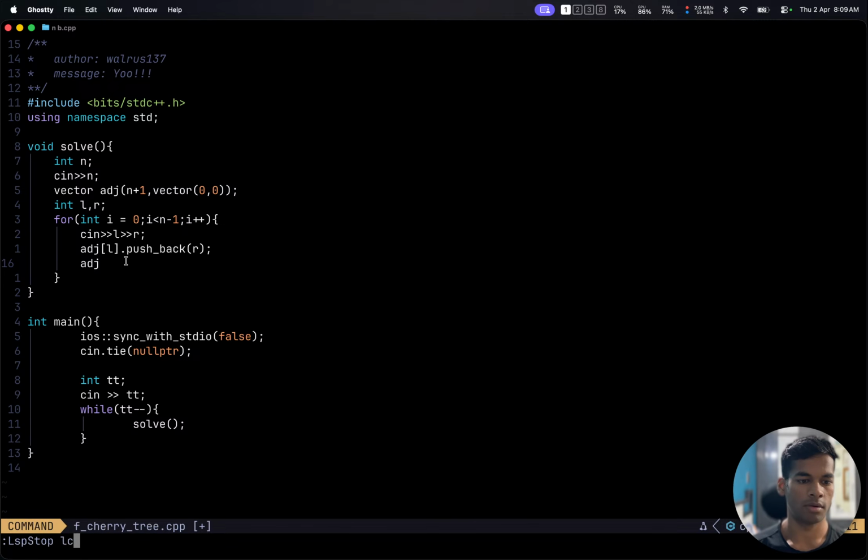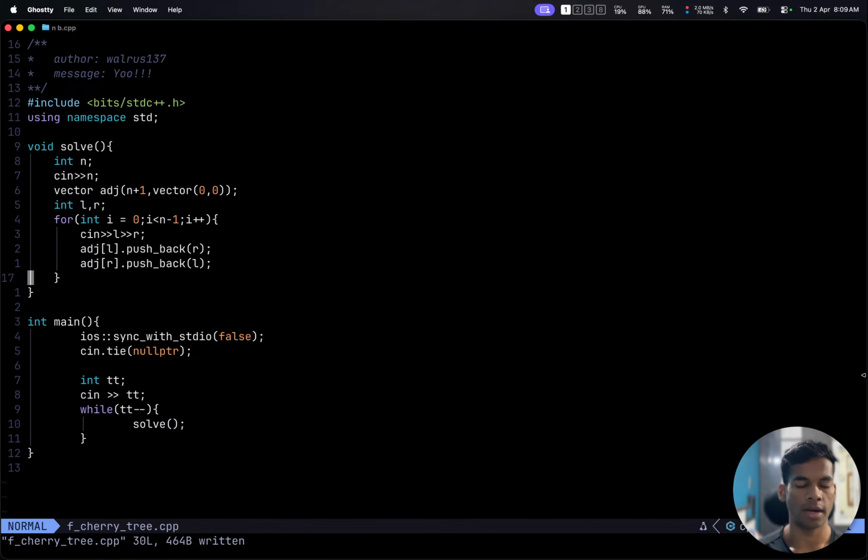Push back L, right? And we do not see good colors here because the tree sitter is broken.